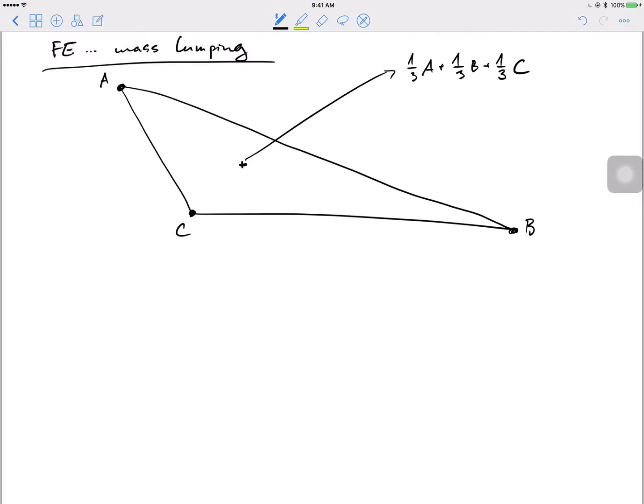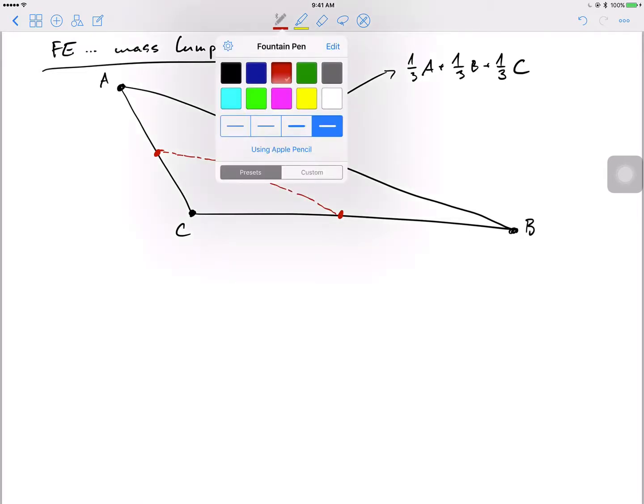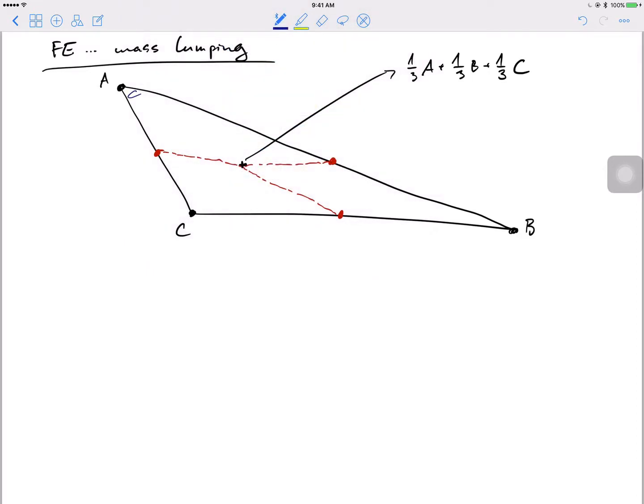And the interesting thing is that if you take the barycenter and connect it to the edge midpoints, so you divide each of the edges in half, and you connect the barycenter to all of the edge midpoints, what's going to happen is that you split the triangle into 3 equal areas.